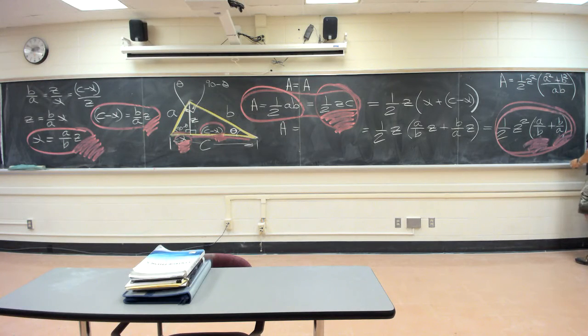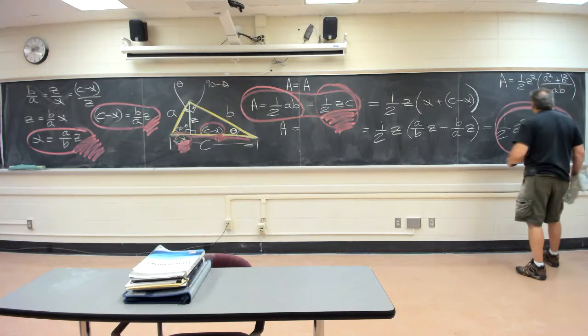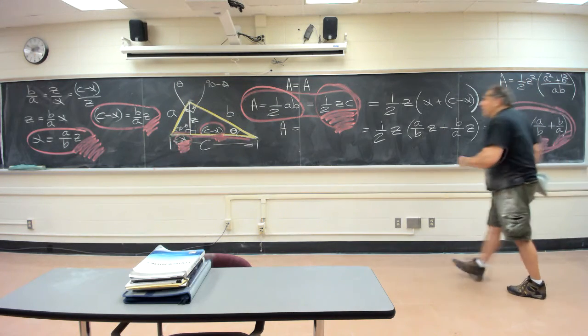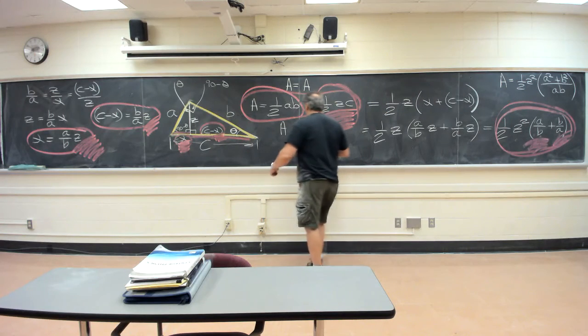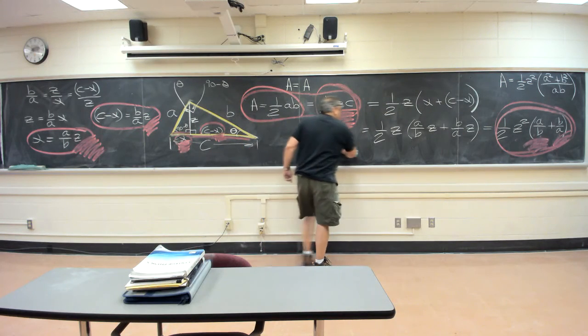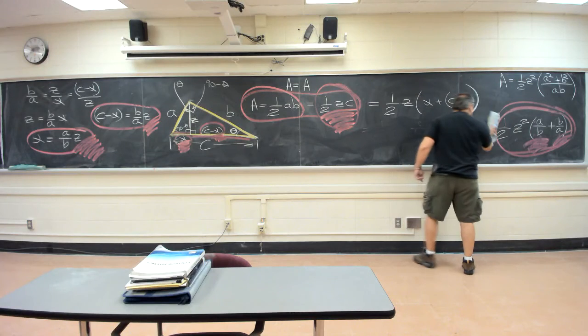Starting to look like something. And that's the area. Okay, let's take a look at that. Very important. What to erase, what not to erase, I guess. Well, we'll erase a lot.